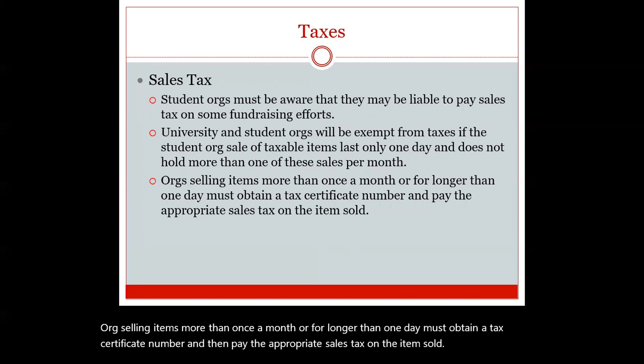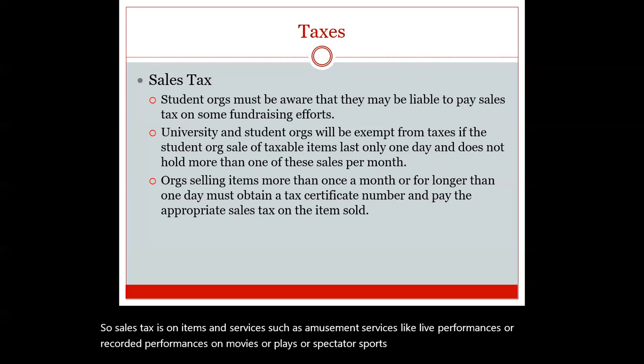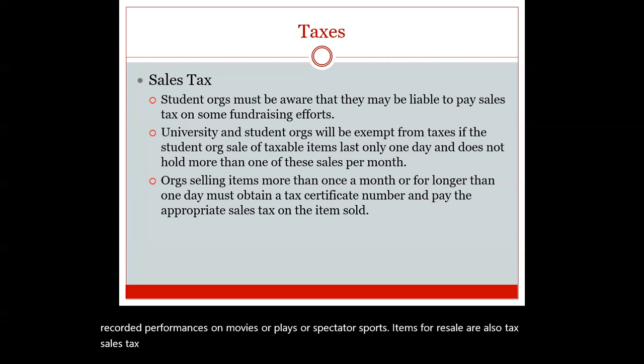Sales tax is collected on items and services such as amusement services like live performances or recorded performances, movies or plays, or spectator sports. Items for resale are also sales tax collected items. Examples of items for resale could be shirts, posters, or decals.